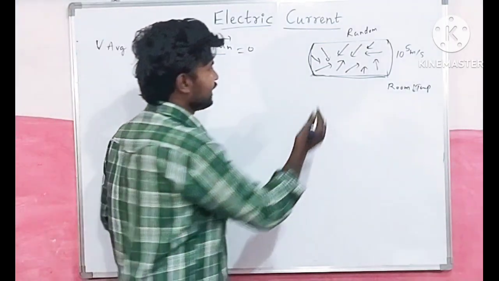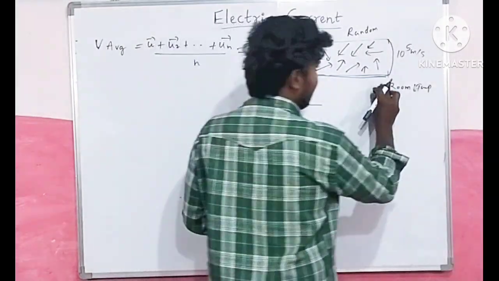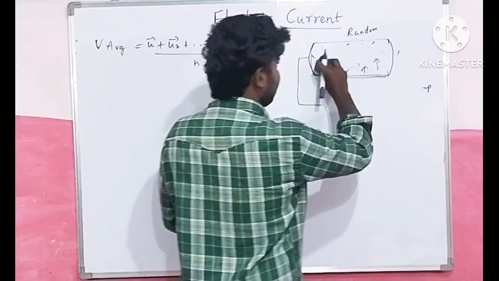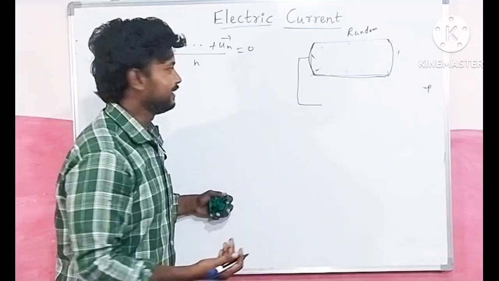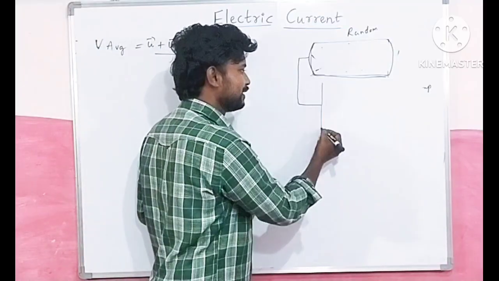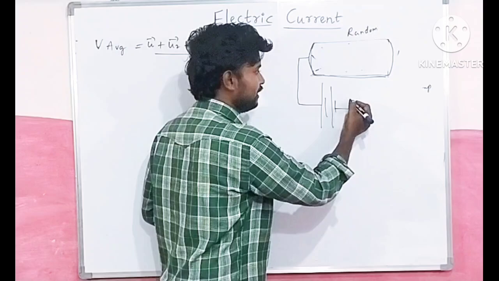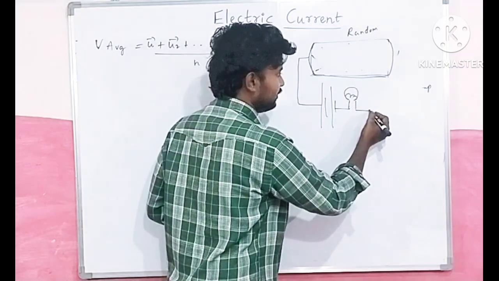But when we connect this conductor to an external source battery, what will happen? Here is the battery, and here is a key.